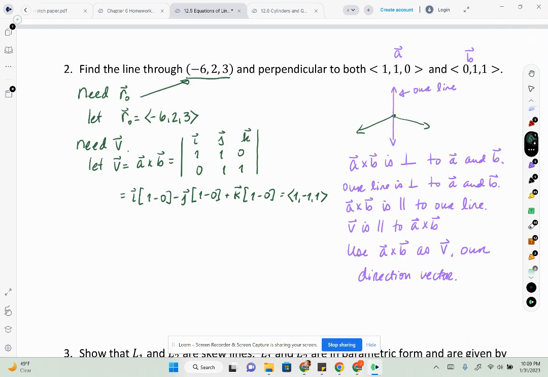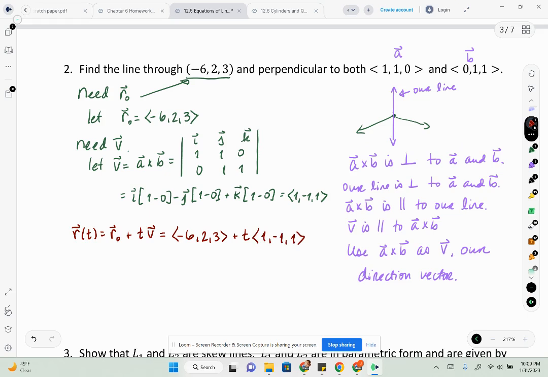That's my v vector. Okay, I should be able to build up my vector equation. R of t is equal to R naught plus t v. So I plug in my R naught. It is negative 6, 2, 3 plus t times the v vector I found, 1, negative 1, 1.